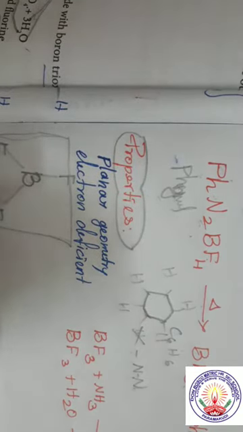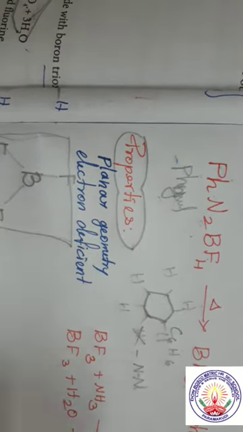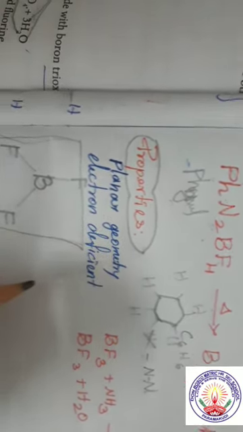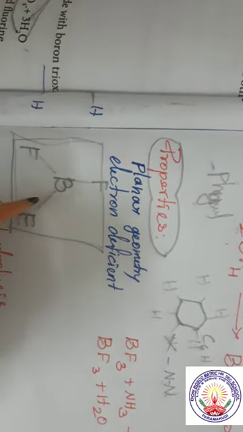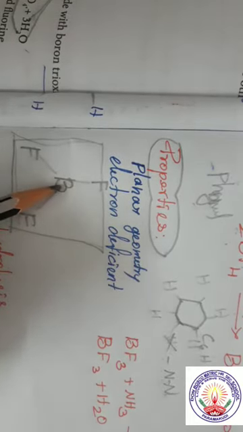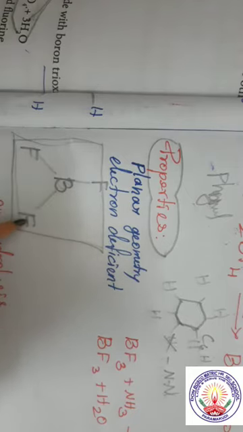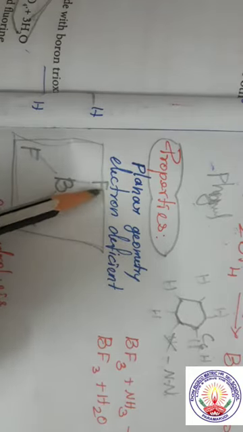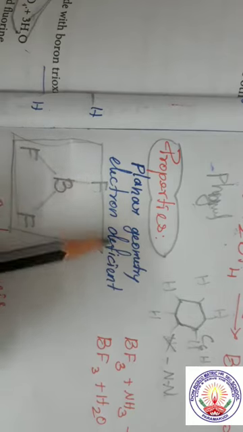So that is planar geometry. Next, its property is that it is electron deficient. See, here they have 6 electrons: here 2, here 2, here 2. So therefore they are electron deficient.